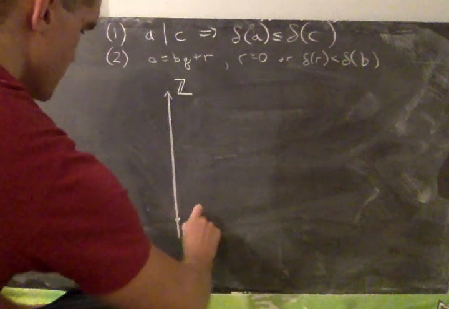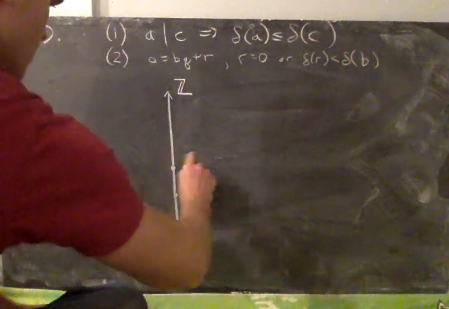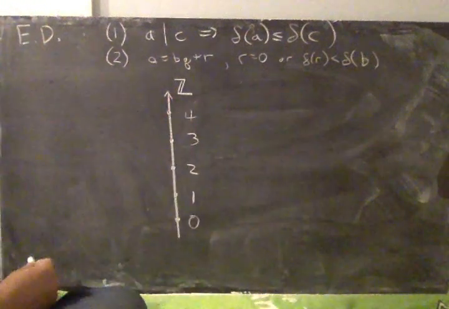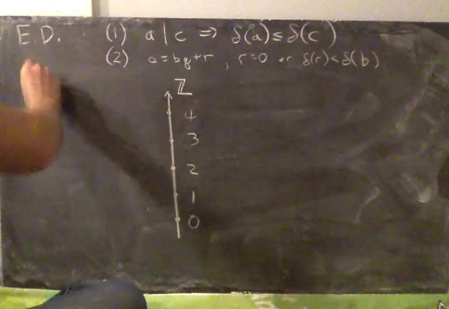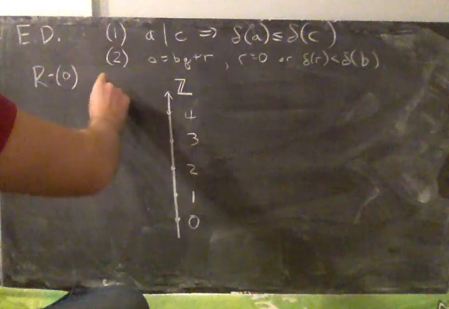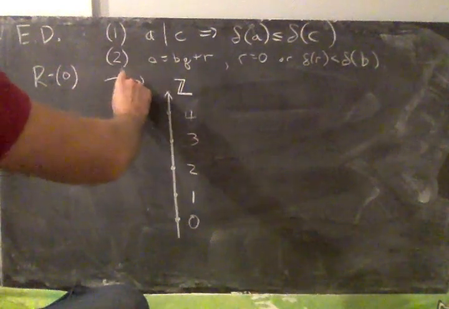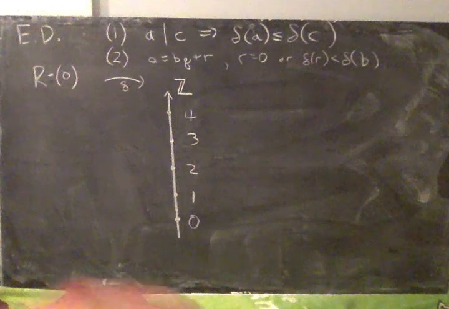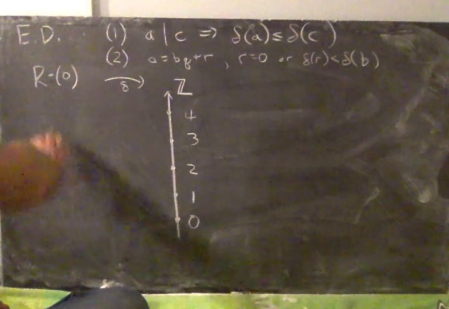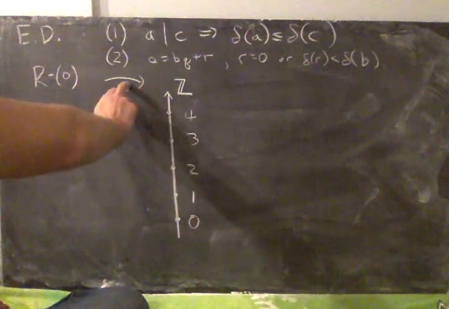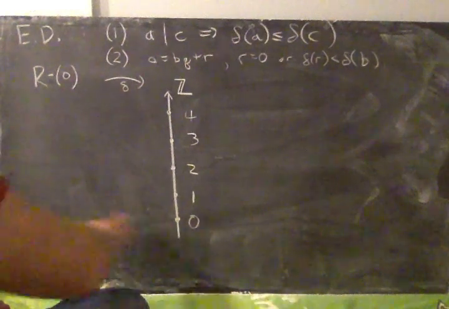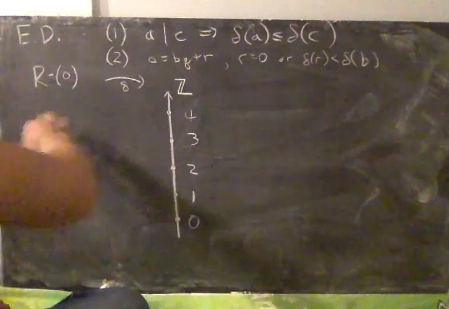So here's 0, 1, 2, 3, 4, etc. And over here we have R minus the 0 ideal, and then we have this function delta, which is taking R minus the 0 ideal to Z. And what we can do is think about the level sets of this function in R minus the 0 ideal. So in other words, think about all the stuff that goes to 0, all the stuff that goes to 1, to 2, etc.